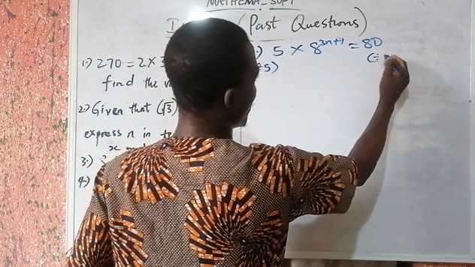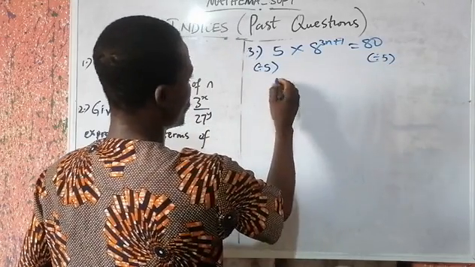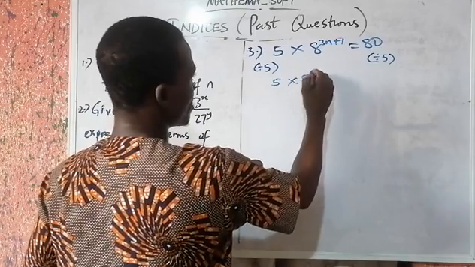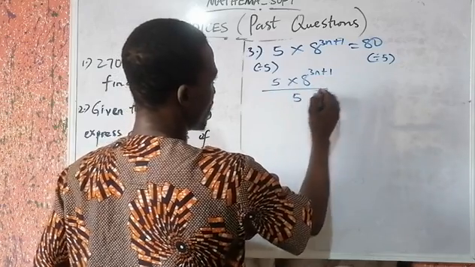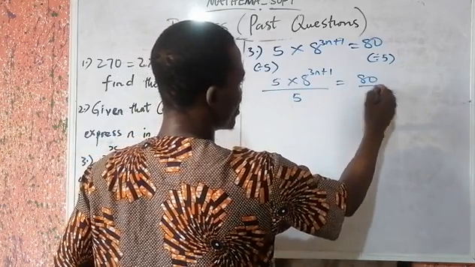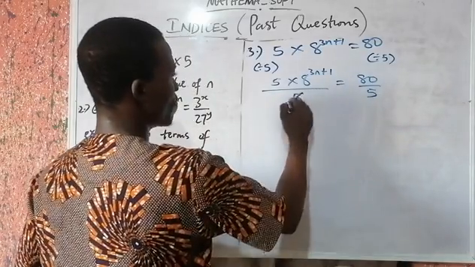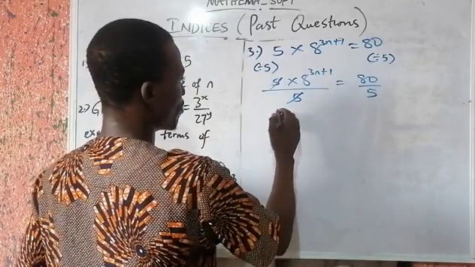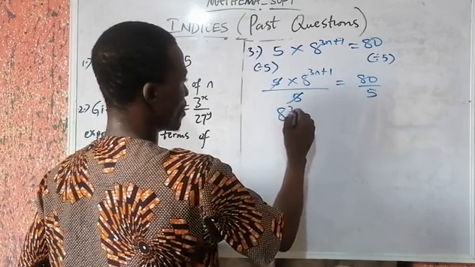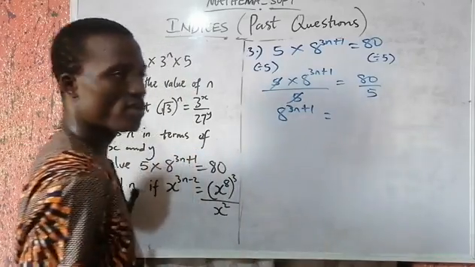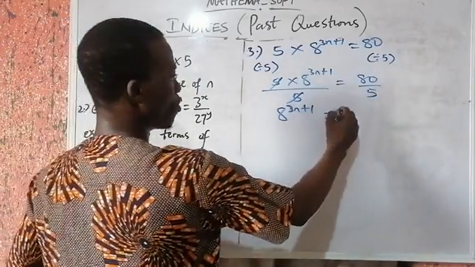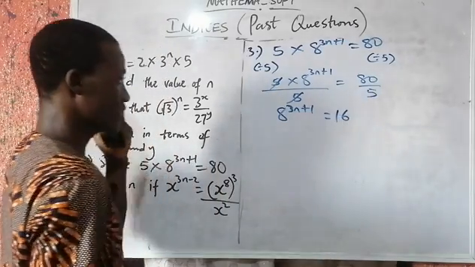Divide both sides by 5. That will be 5 times 8 raised to 3n plus 1 divided by 5 equals 80 divided by 5. 5 will cancel 5. That will give me 8 raised to 3n plus 1 equals, this will give me 16.